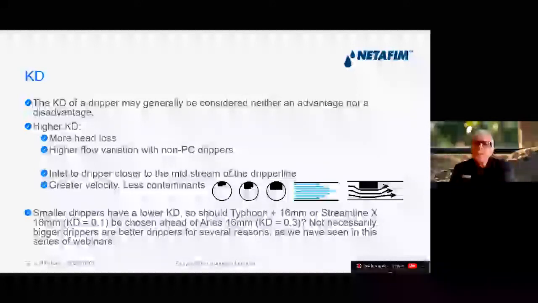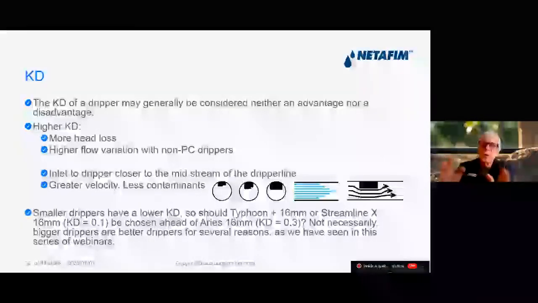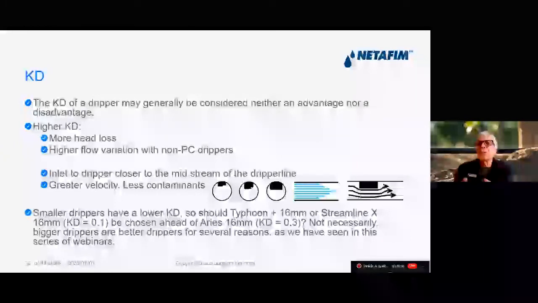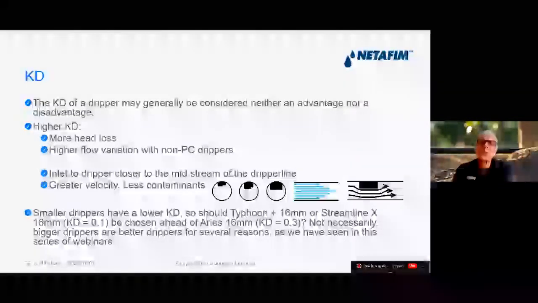So because of this, I'm not showing comparative tables of KD. I'm just showing the KD because you see it in the data that is given, and it's important in an irrigation design, and you can see the effect on the design. But you can't really say if it's an advantage or a disadvantage, so it serves no purpose to actually show any comparisons with other drippers.